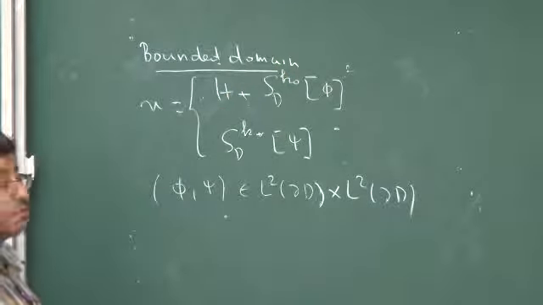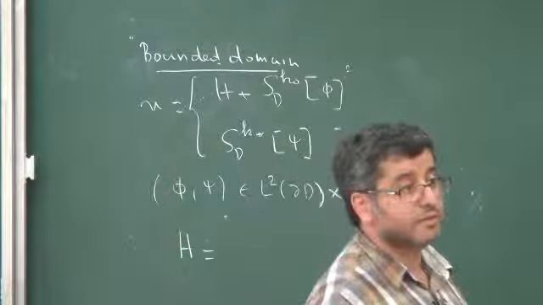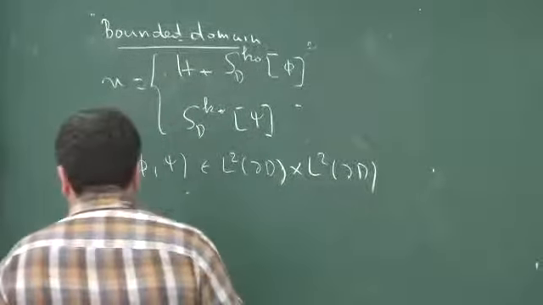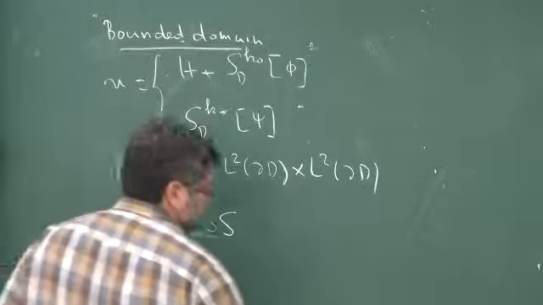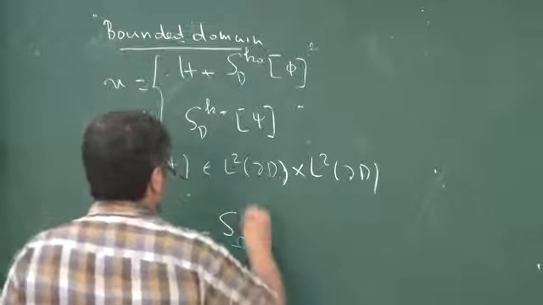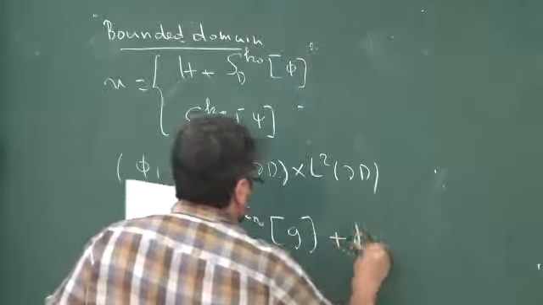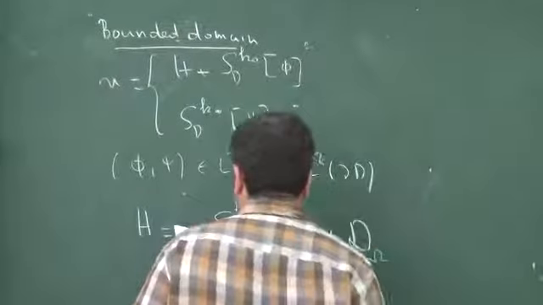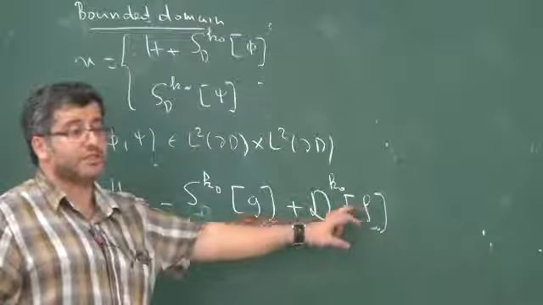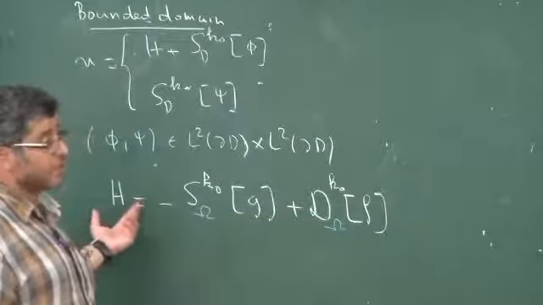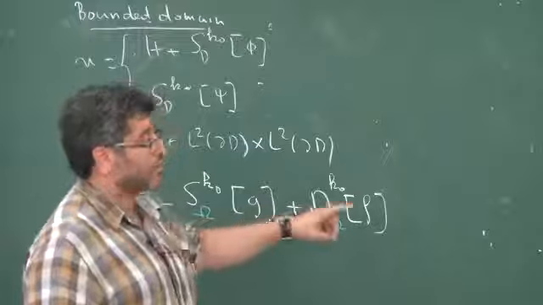We wrote exactly the same decomposition, but with H constructed from the data, G and F. So H is equal to minus single layer potential on omega, not D, it's omega, with k0 of G, plus double layer potential on omega of F. So we have this Cauchy data, and we construct this function H.